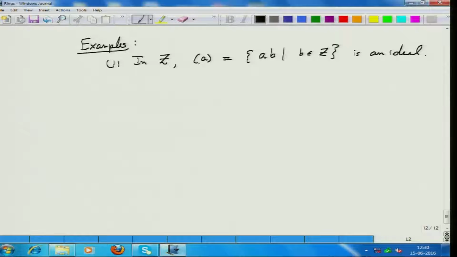I will denote this notation A within brackets to represent the set of all multiples of A. And this notation I will use in general, for general rings, not only for Z.